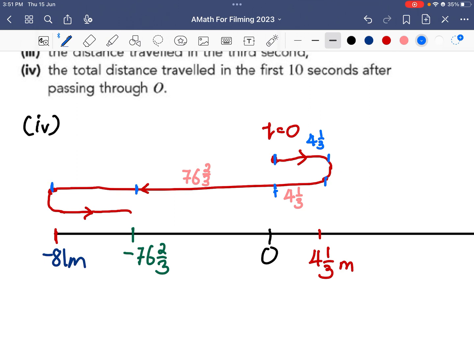Now, the next portion here is the more difficult part. This portion here, what I can do is take the 81 minus 76 and 2/3. So, let me get a calculator first.